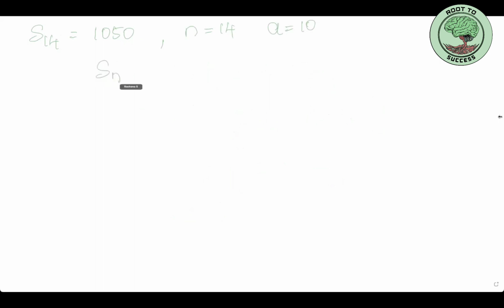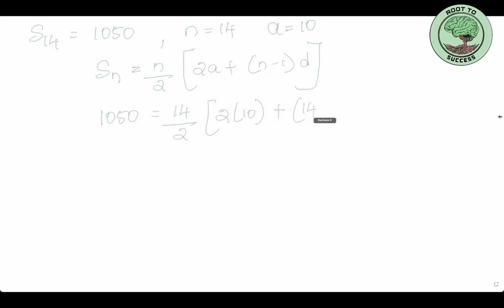And the formula to find the sum of the terms is Sn is equal to n by 2 into 2a plus (n minus 1) into d. So Sn we already know, that is the sum of 14 terms is 1050, and n will be 14 and a will be 10. n will be 14 minus 1 and d will be the same.